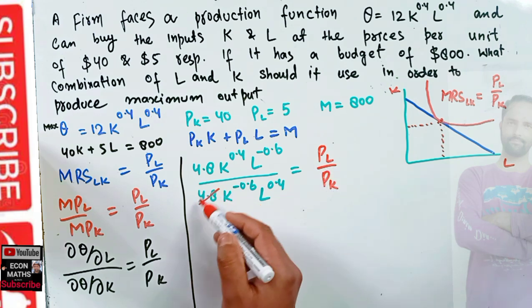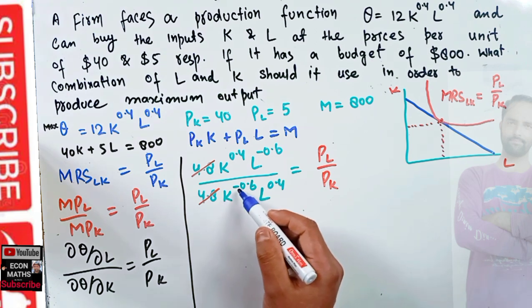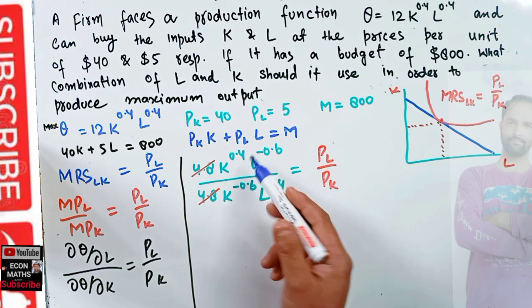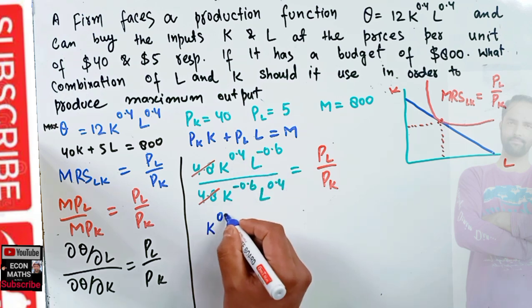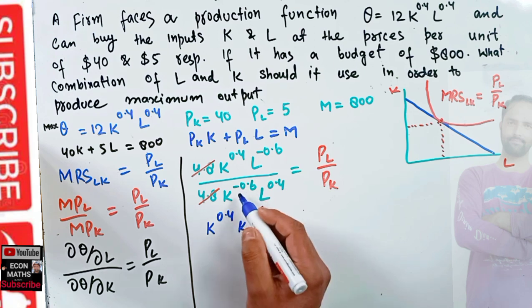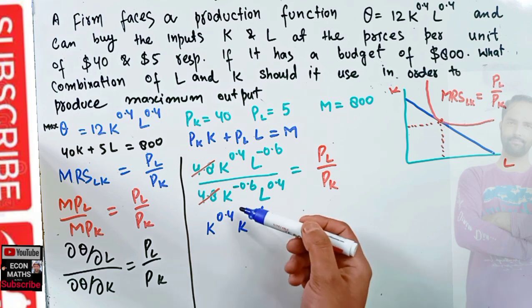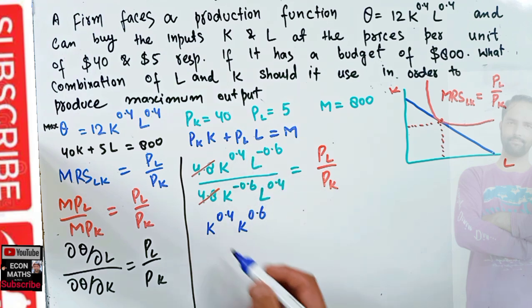So 4.8 gets cancelled. Transposing this K to the power minus 0.6 to the numerator, we will have K to the power 0.4 times K to the power 0.6. You know, when we transpose from denominator to numerator, the exponent sign gets changed.